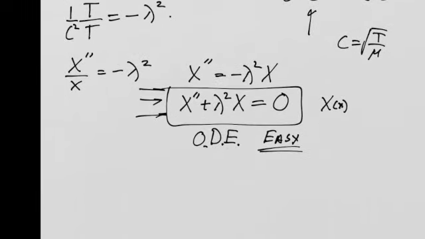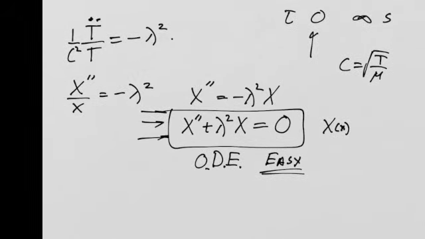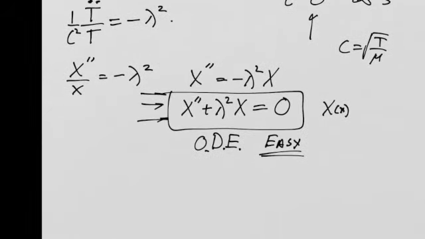Then the other one is very similar. Oh, this is a double dot. Yeah, I got the double dot there. So the second one is going to be t double dot equals minus lambda squared c squared t. I guess I didn't need to write it that high.